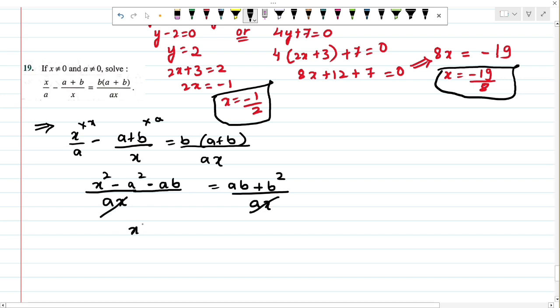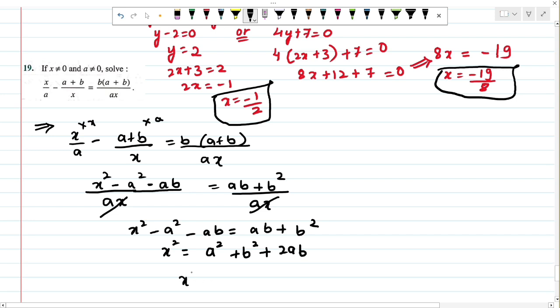I'm left with x square minus a square minus ab is equal to ab plus b square. So now I'll equate x square is equal to, this becomes a square minus a square will become plus a square plus b square, and this minus ab becomes plus ab, and plus ab will become plus 2ab.